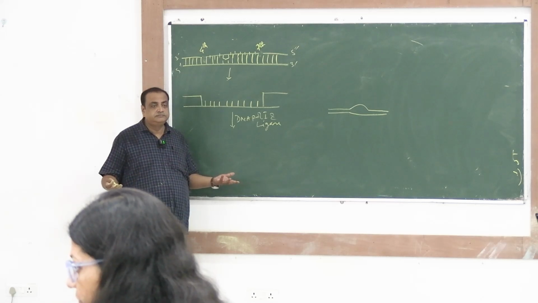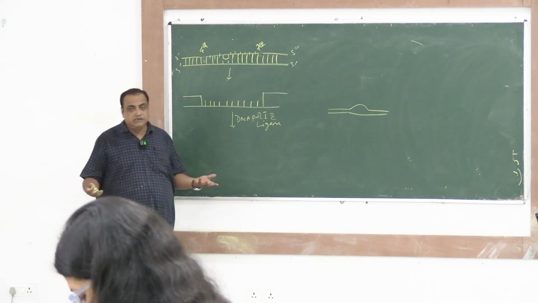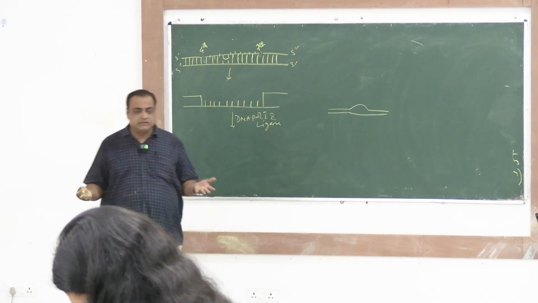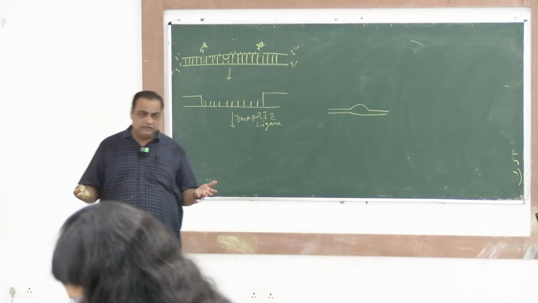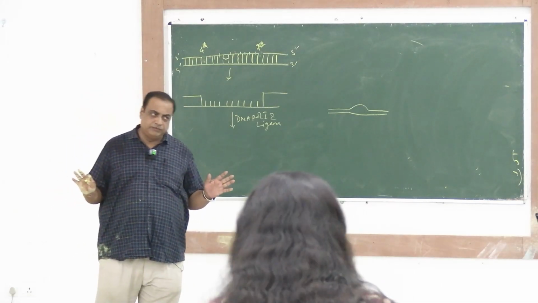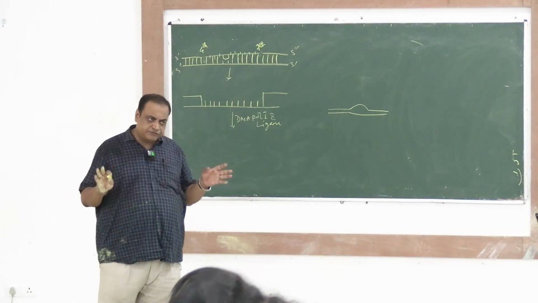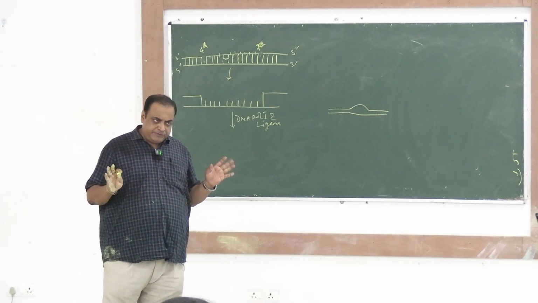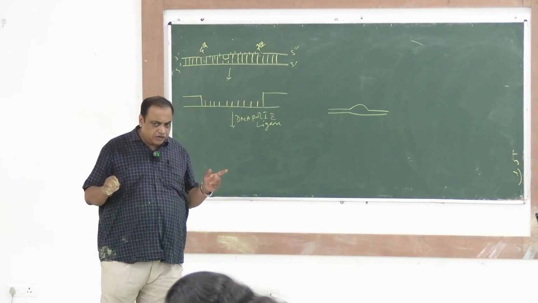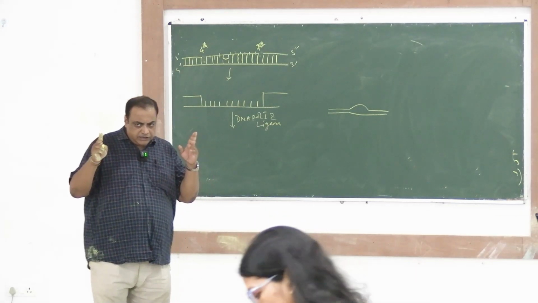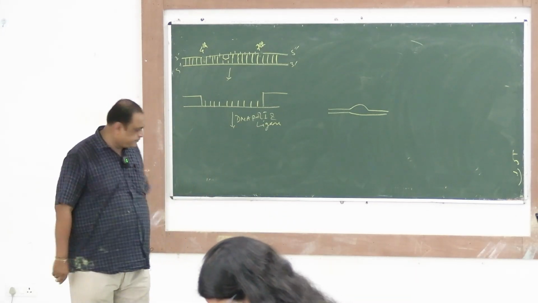Repair. See, if you are not reading the topics along with the class, problem for you, I tell you. DNA polymerase is used for repair mechanism. DNA ligase is used for joining the ends of the polynucleotide chains.